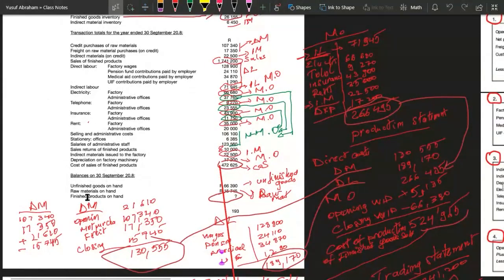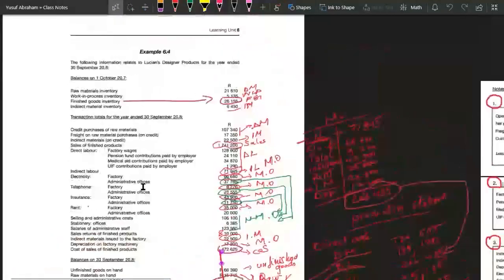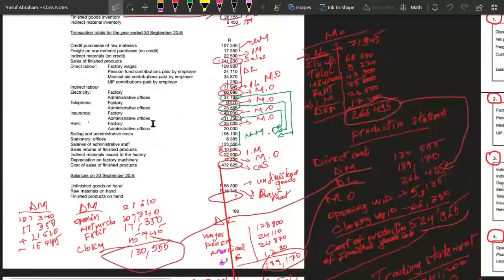Remember, these are the closing balances here. They say balances on 30 September of 2008. Those are the closing balances. All right, fine. But for the year itself, the year of production, we need to take into account all these, right? Credit purchases of raw material, direct material.